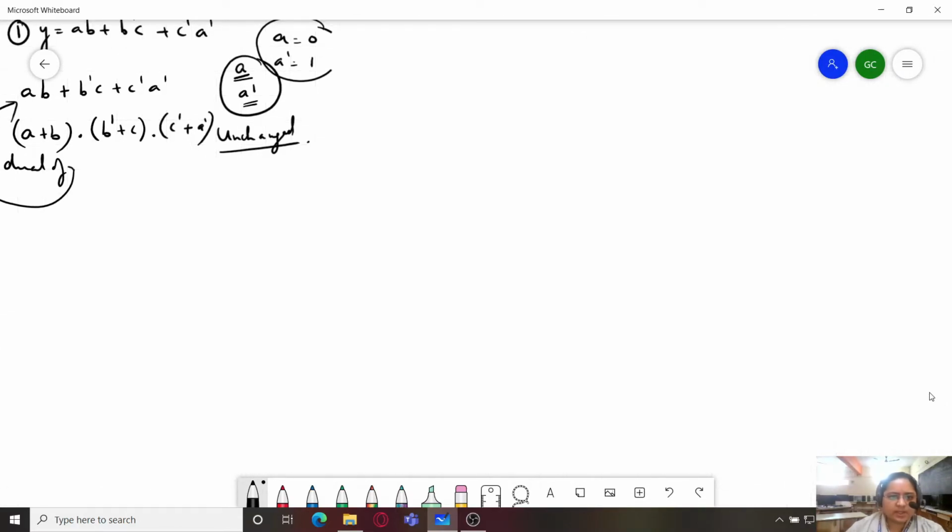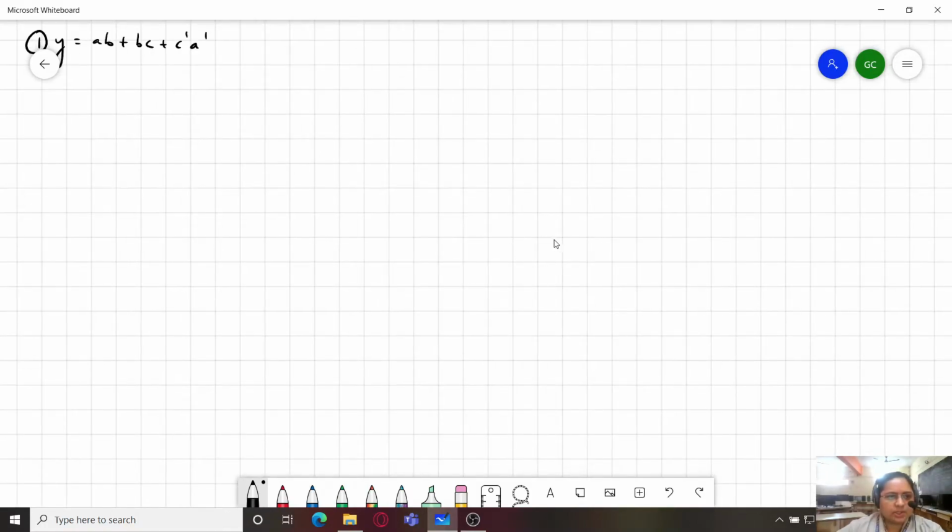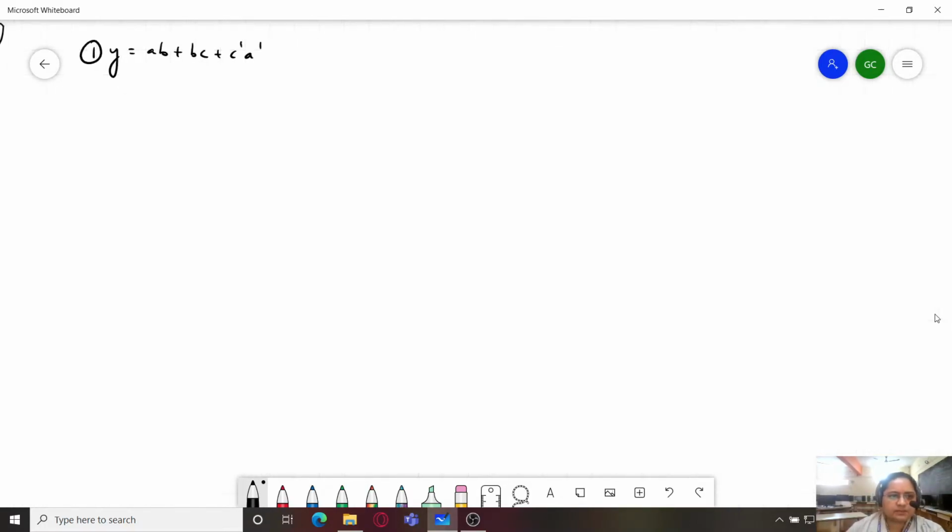Our first expression is y equals ab plus bc plus c dash a dash. So let us draw the logic circuit diagram for this expression. Now we had studied four types of gates in the previous class, that is AND, OR, NOT and buffer gate.